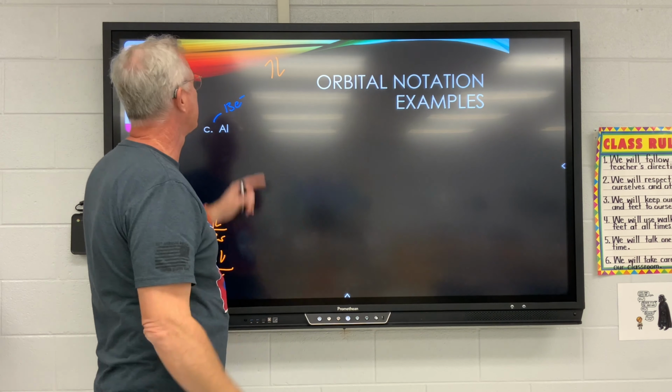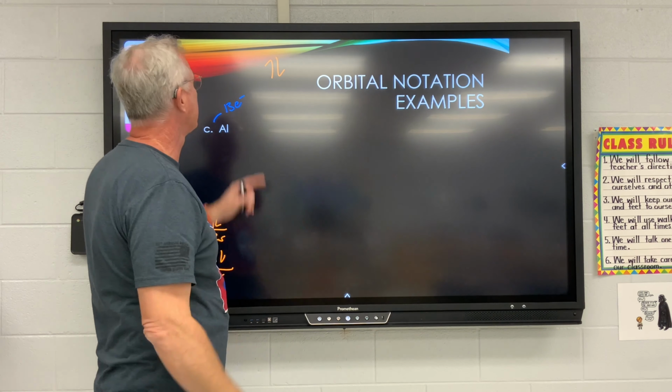2p, it's full, so it says 1, 2, 3, 4, 5, 6. And then I jump to 3s, it's also full. And then 3p. Now for aluminum, I've already got 2, 4, 6, 8, 10, 12. I only need one more electron, so 3p is going to get one electron.